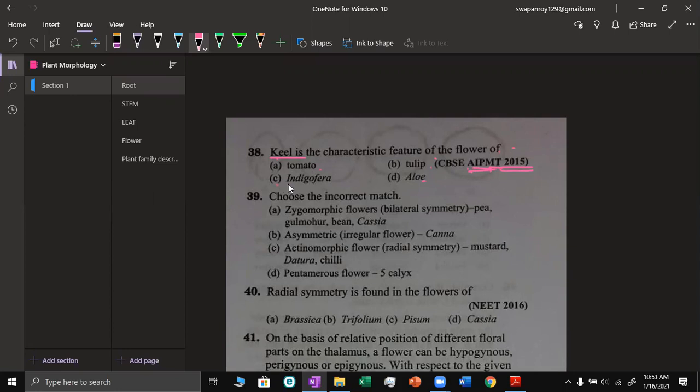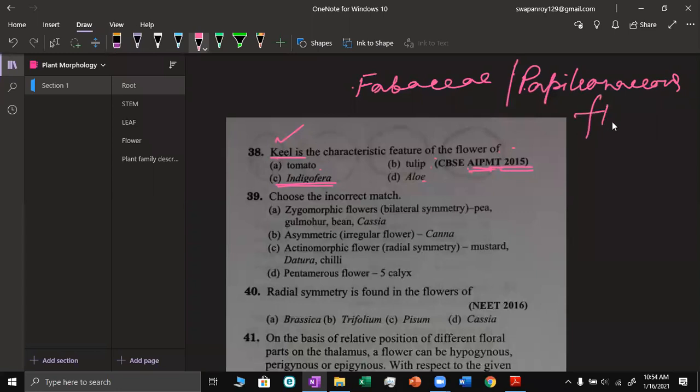So this one, C, Indigofera, because the keel is found in Fabaceae, in the papilionaceous flower. Indigofera produces indigo dye.